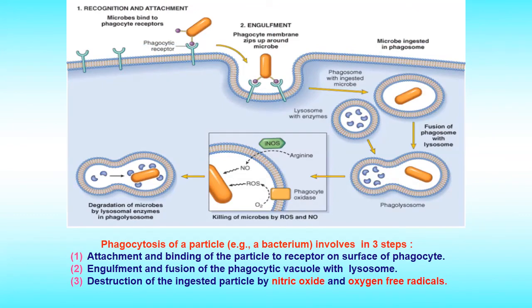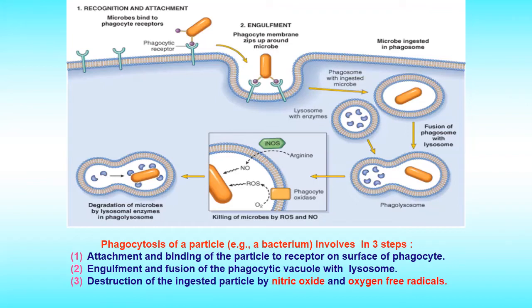This figure shows the steps of phagocytosis. The first step is recognition of a microbe, bacterium or any other particle which is coated and covered by opsonin. Then attachment and binding to the receptor on the surface of the phagocyte by interaction between opsonin and phagocytic receptor.